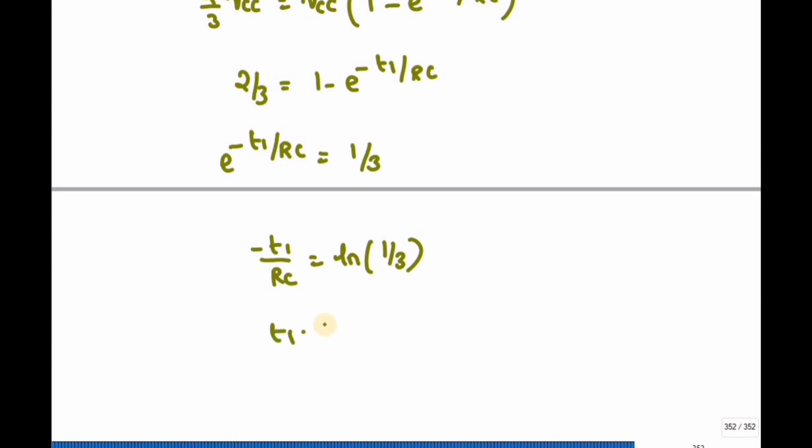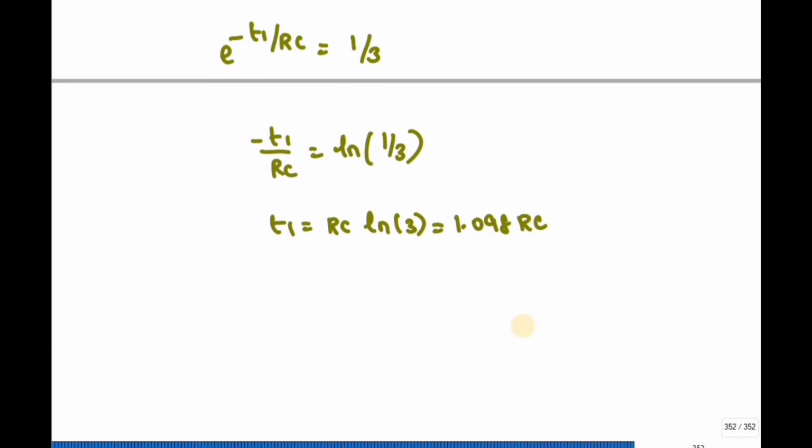So you will get t1 is equal to rc ln of 3, that is equal to 1.098 rc.